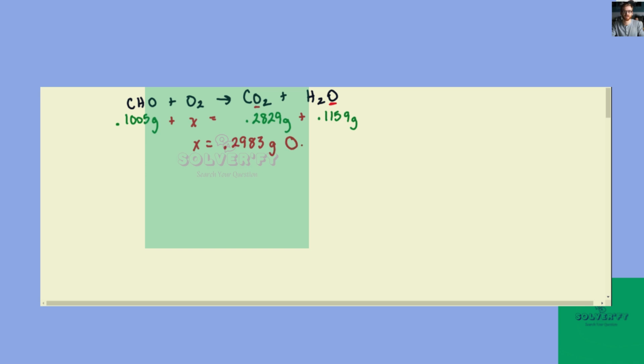Now that is the grams of O2. I'm going to leave that alone for now, and we'll come back to it. I'm going to tackle the CO2 first. 0.2829 grams of CO2. We're going to get that into moles.